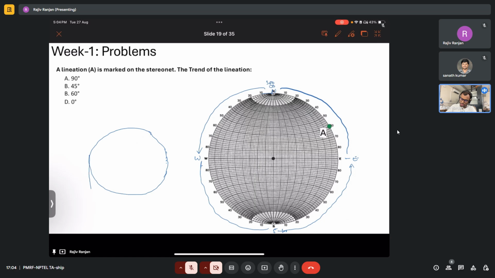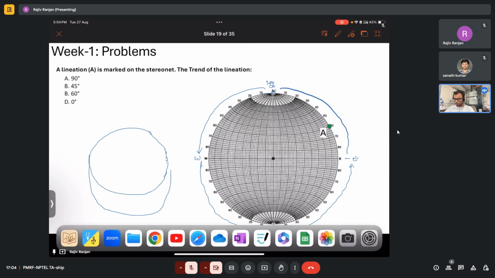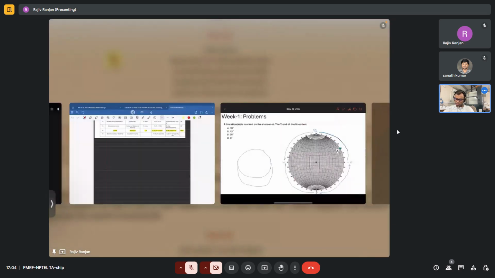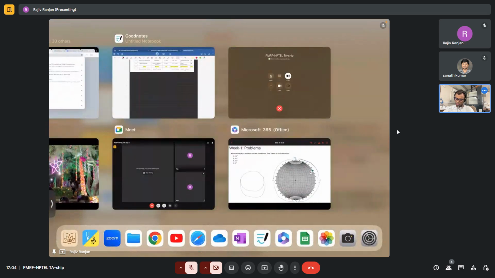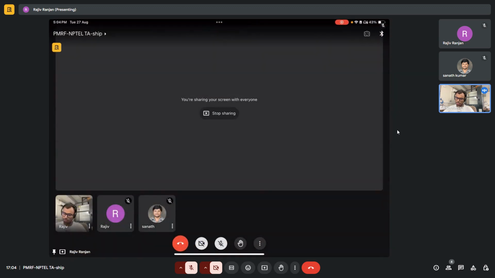So this is actually the projection of a lower hemisphere. Suppose you have a hemisphere. From where shall I show you? Give me a second. Wait, I will show you.